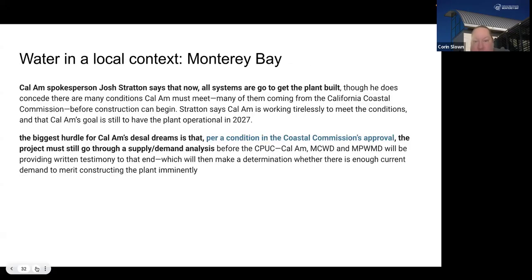So as of now, the systems are go to get the plant built, although there are other conditions that Cal-Am has to meet. They are trying to have an operational plant by 2027.